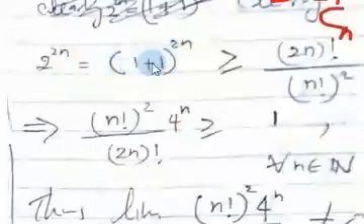It is clear that this is 1 plus 1, which is 2, to the power 2n, which is 4 to the n. So 4 to the n is greater than or equal to this one. You can rearrange, cross multiply by these two terms, then you get this.